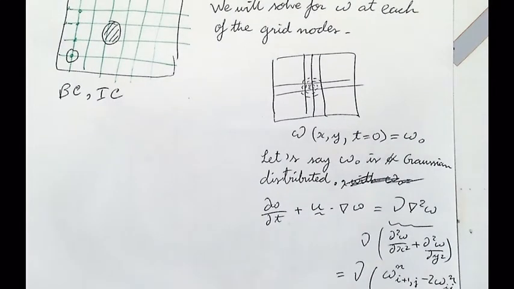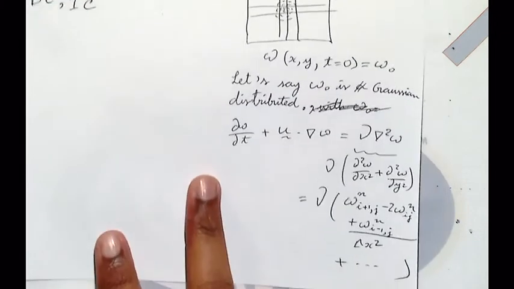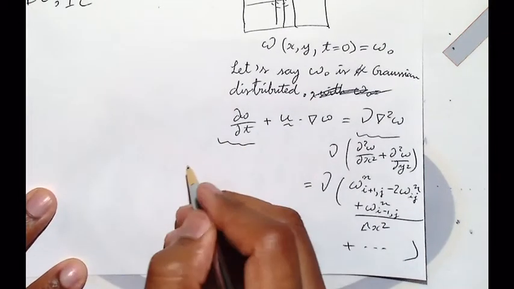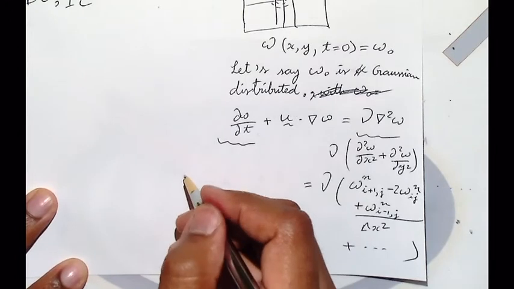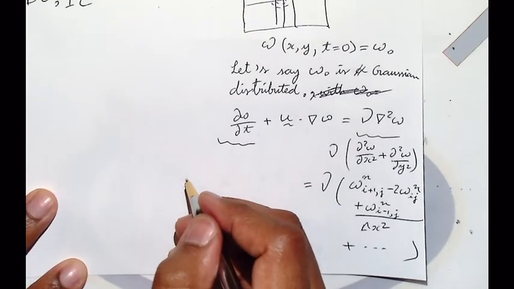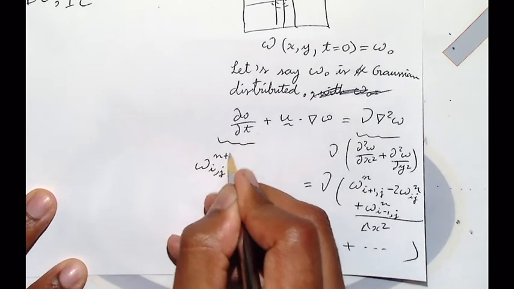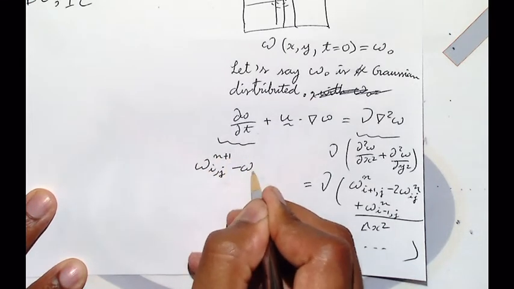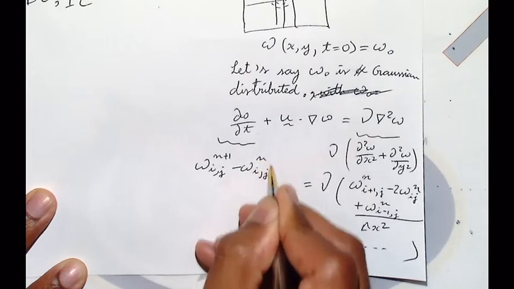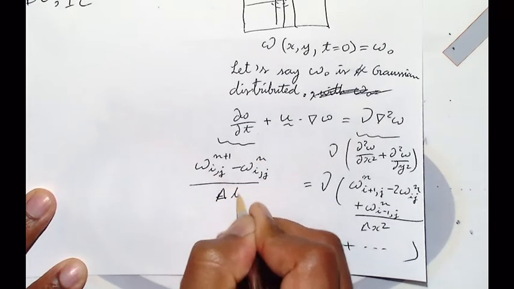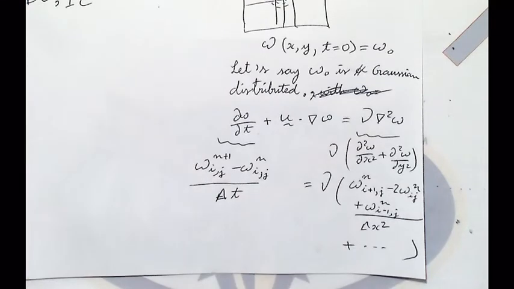So fine, the right hand side is easy to discretize. And the time derivative we can write as omega i j n plus 1 minus omega i j n, by delta t. Okay, now remains this term.